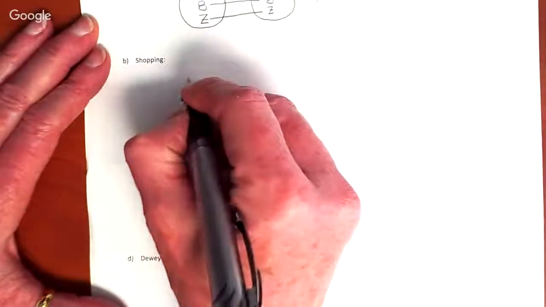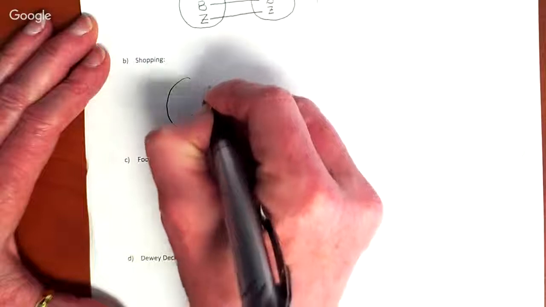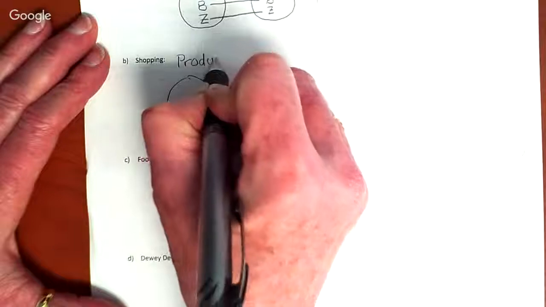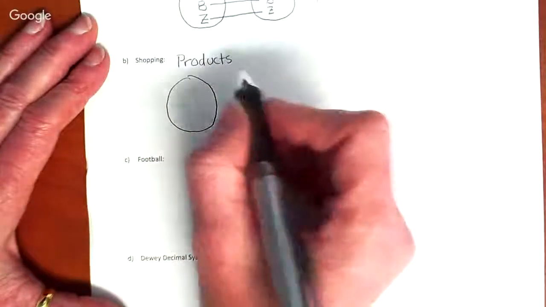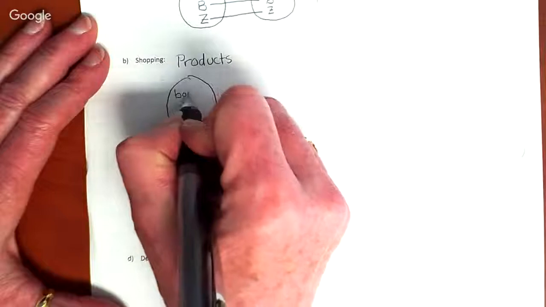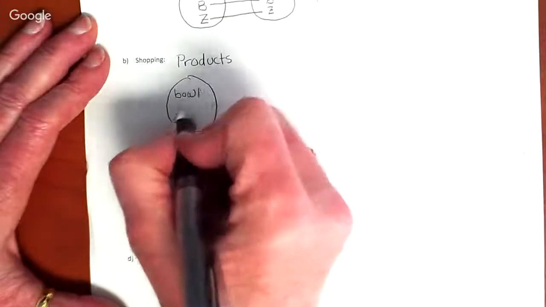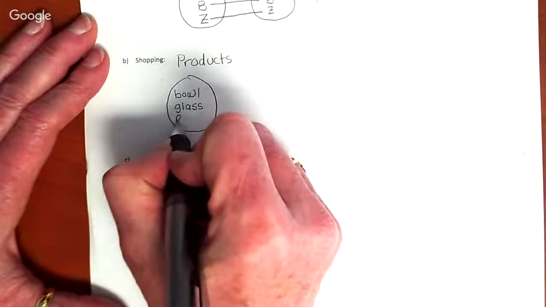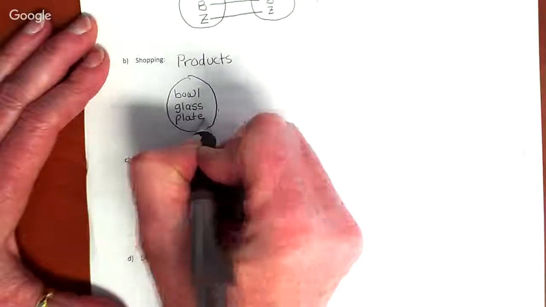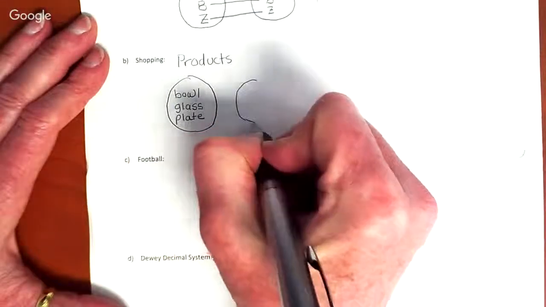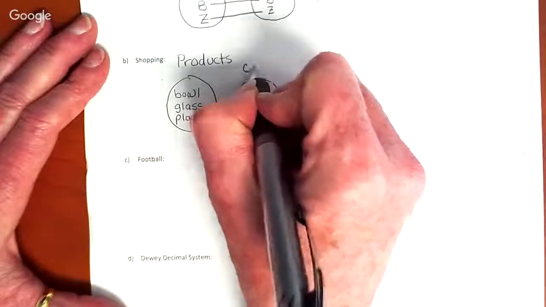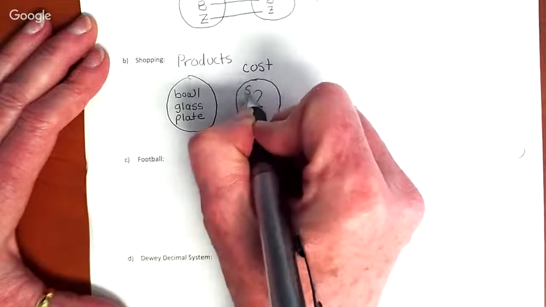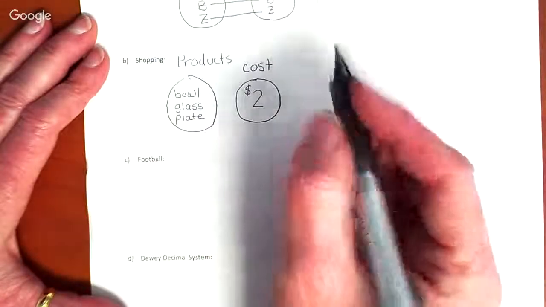If we have some products on our left-hand side, and we have a bowl, and we have a glass, and we have a plate, and the prices of those cost $2 each.